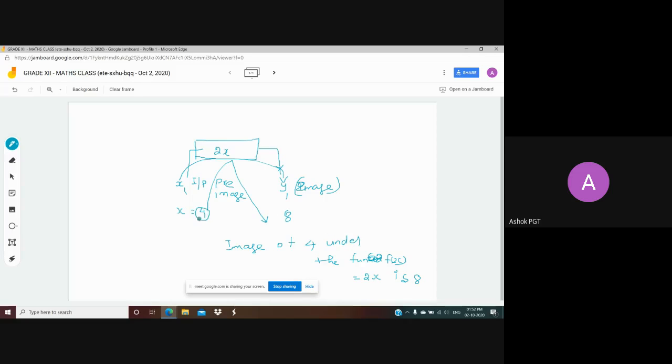Similarly, this 4 can be called the pre-image of 8. In case the question is, what is the pre-image of 8 under the function f of x equals 2x, it is 4. Students, do you understand this?